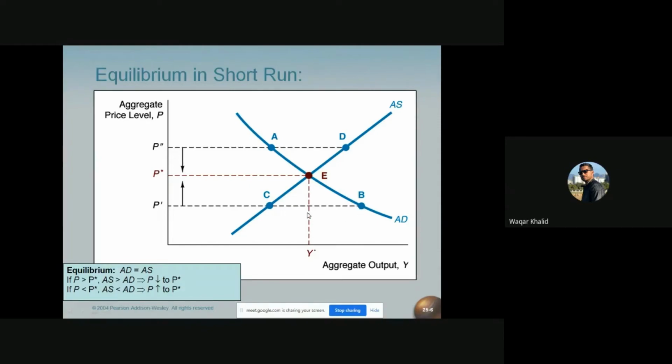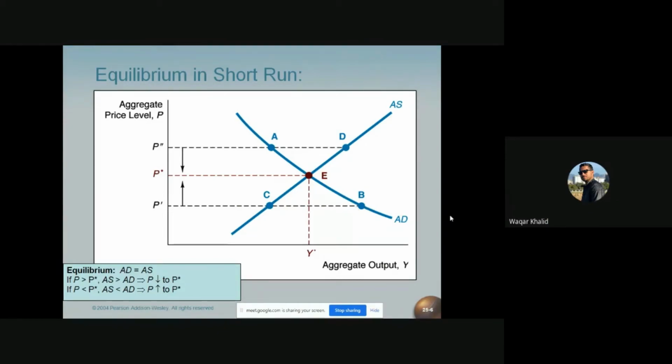Look at the area between point C and point B. When the price level is below the equilibrium price level, for example P dash, the quantity of output demanded is greater than the quantity of output supplied.